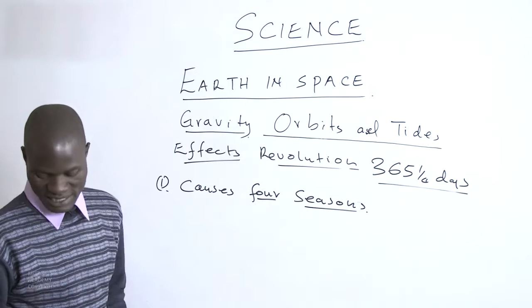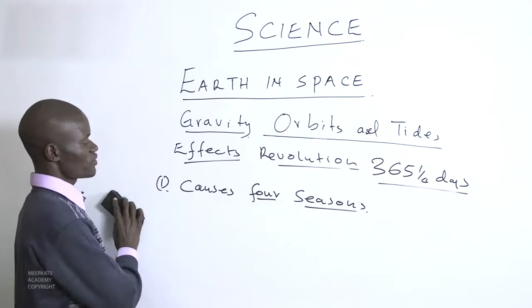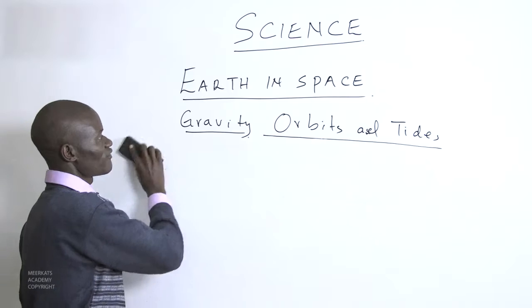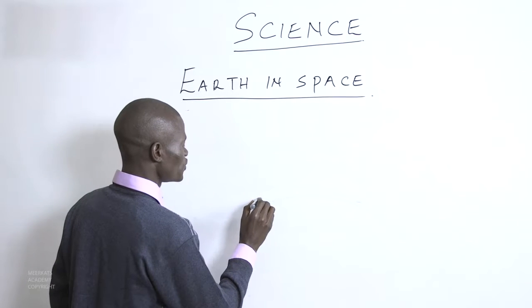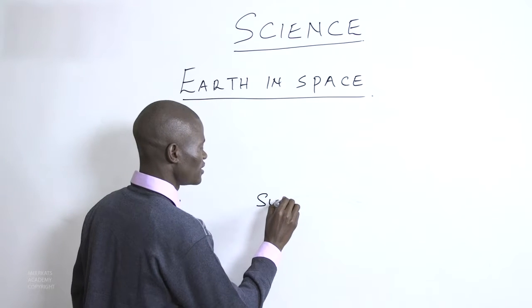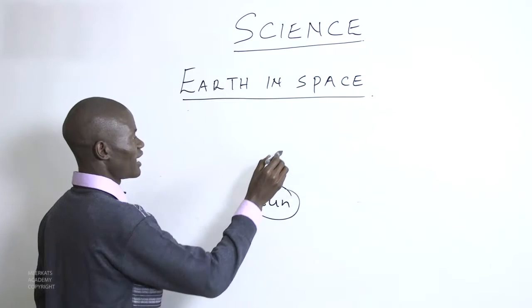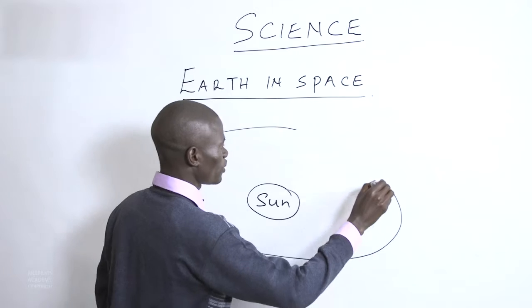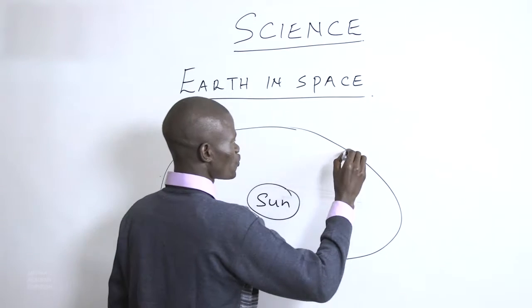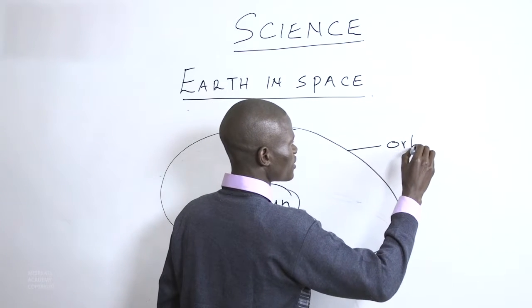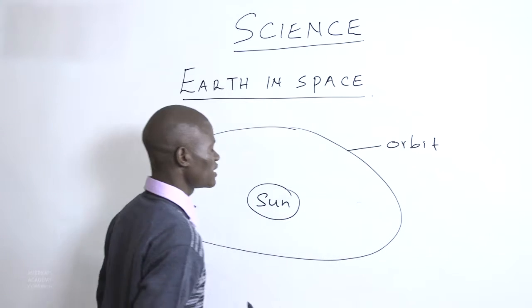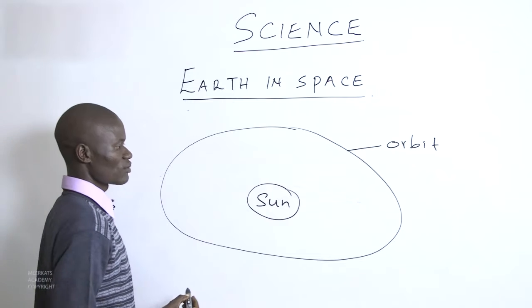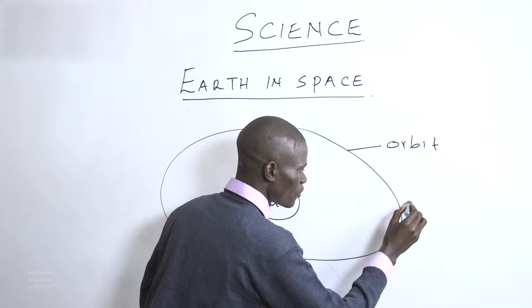Allow me to illustrate how these 4 seasons occur. We assume we have the sun here, and this is the path that is followed. This is what we call the orbit, the path followed by the Earth as it moves around the sun.